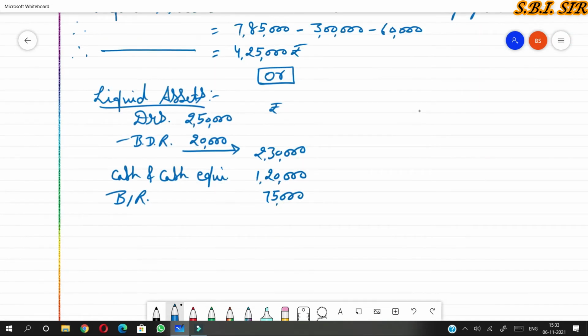You have not taken the values of stock and expense paid in advance in the calculation of liquid assets, then you will get the total of liquid assets. The total will be same as above, 2,30,000 plus 1,20,000 plus 75,000, then you will get 4,25,000.